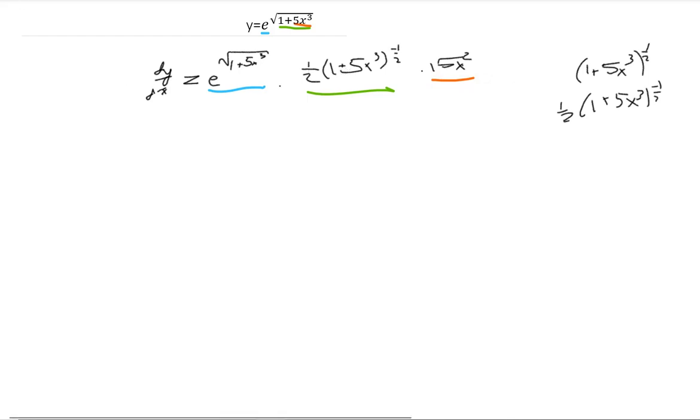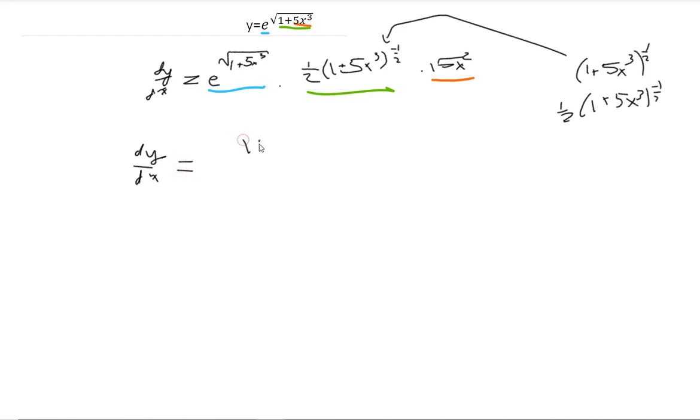And so now we're actually done taking derivatives. Now we can just simplify it. So now we're gonna rewrite everything, see if anything can be simplified. So can anything be simplified? We have an e to a power here, we have a square root here, and then we have just a number with an x squared. So it doesn't look like anything is going to be able to simplify, but we can rewrite it so that it's a little bit nicer.